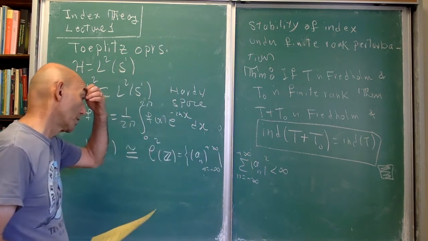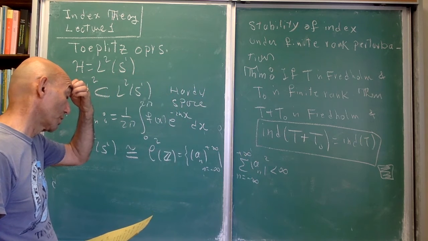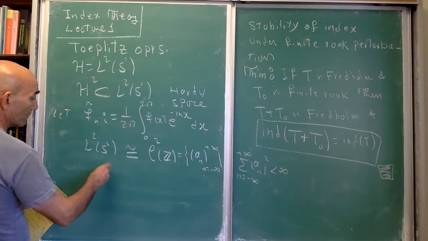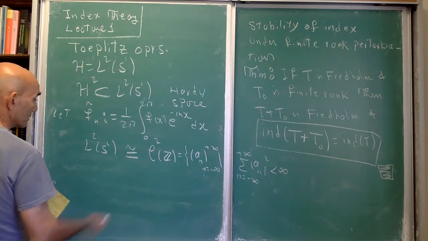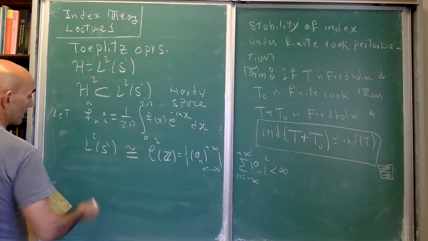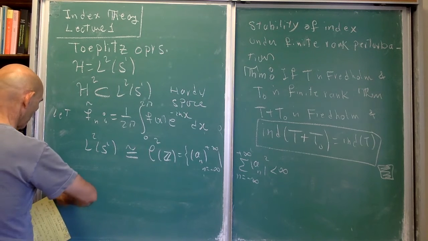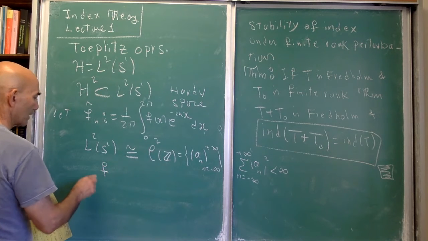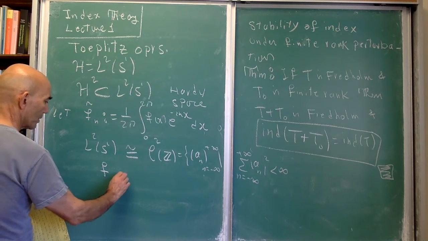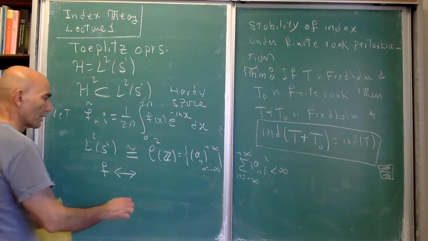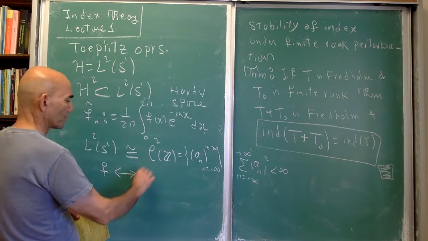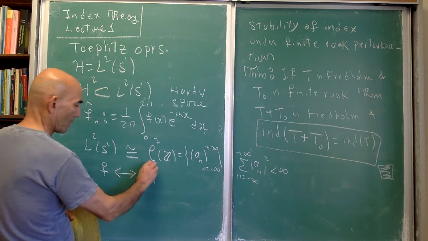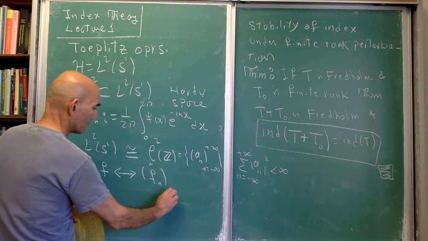So L2 square-summable sequences like that. So the isomorphism of these two Hilbert spaces is one aspect of the Plancherel formula. I mean, one of the first basic results of Fourier theory is that you send this L2 function f to its Fourier coefficients, f hat n.